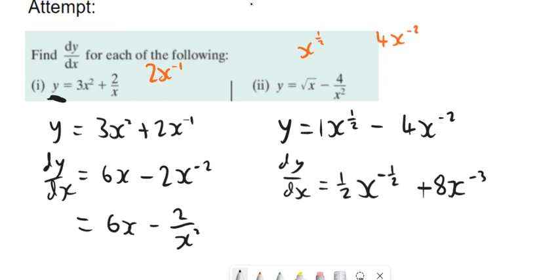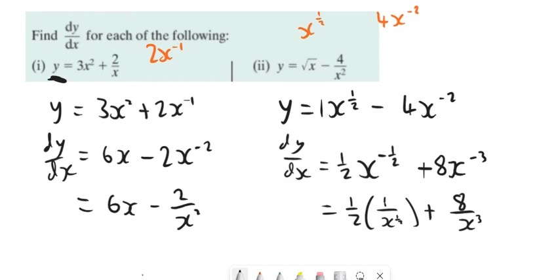So let's tidy it up then. Equals a half, and I can put the x down below the line and change it to a positive, so that would be 1 over x to the power of a half, plus 8 over x cubed. So I'm just simplifying it now.